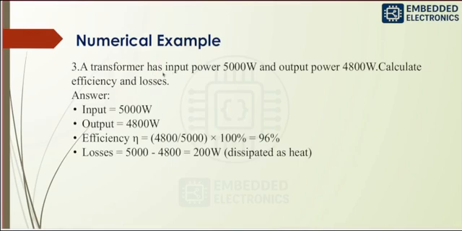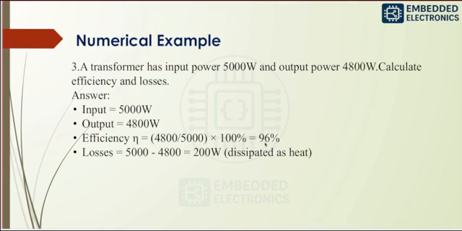Next, a transformer has input power 5000 watt and output power 4800 watt. Calculate efficiency and loss. We know the formula of efficiency: output power divided by input power into 100%.